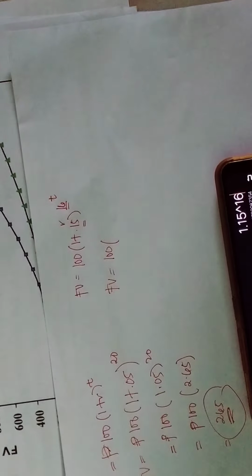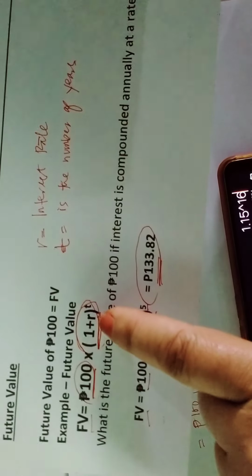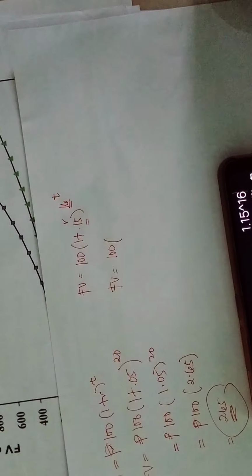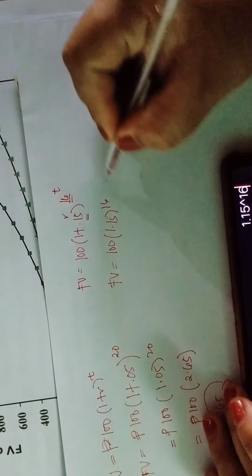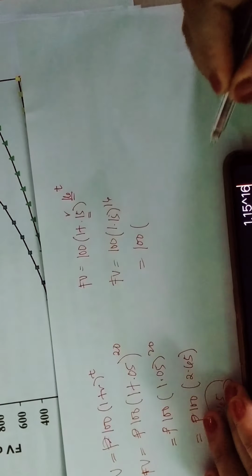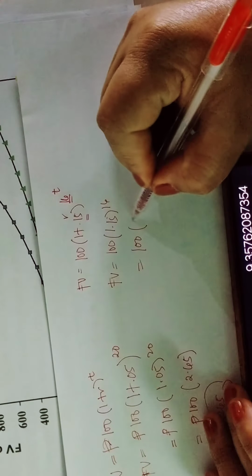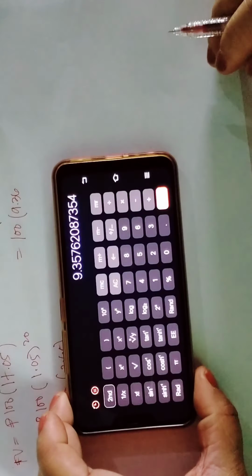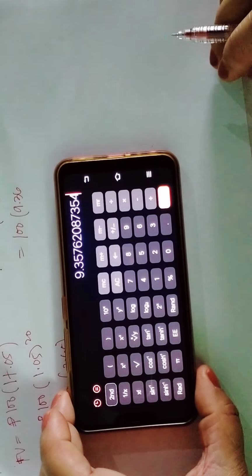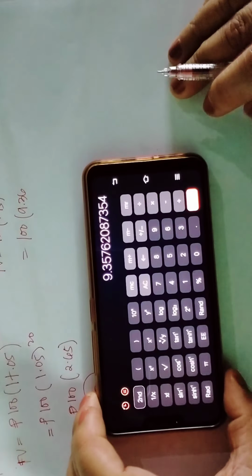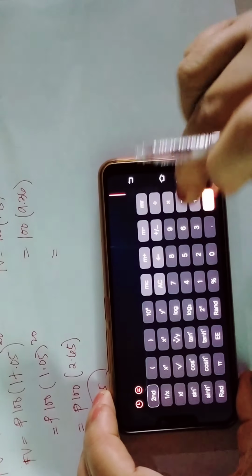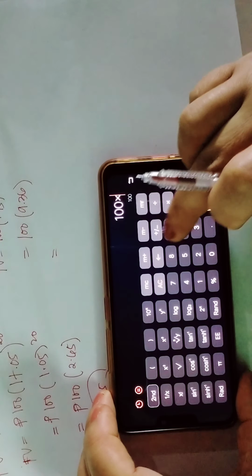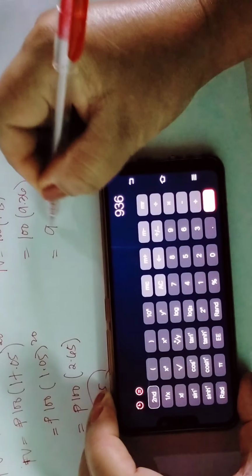Okay. So, 1.15 to the power of 16 is equal to 9.36. We round off to 2 decimal points, so 9.357 is equal to 9.36. Okay? So, 100 times 9.36 is equal to 936.